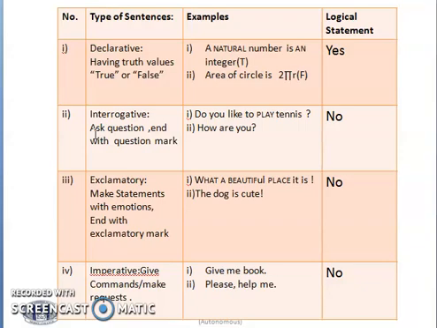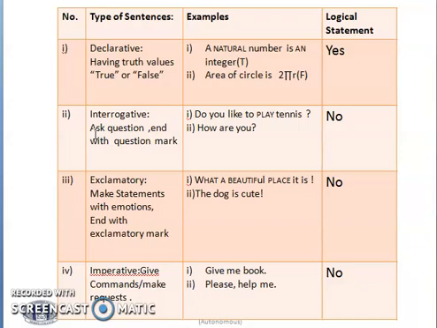Here we are discussing the types of sentences. First one, declarative. We know that it has truth values, either true or false. A few examples in front of you. First one, a natural number is an integer. It is true.